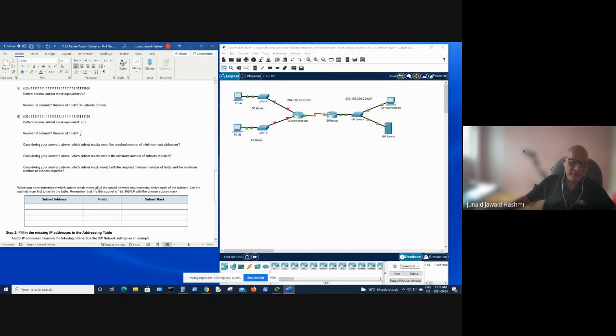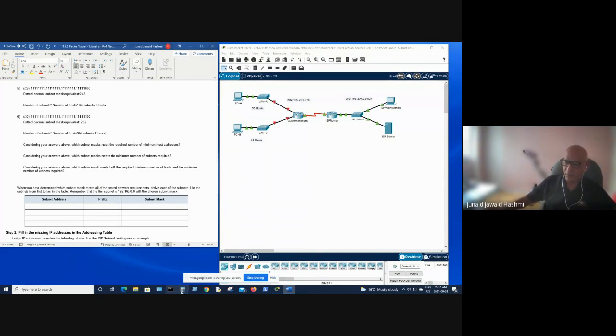Number of subnets and number of hosts in this. So 64 subnets and 2 hosts per network. How did you get these 64 subnets?